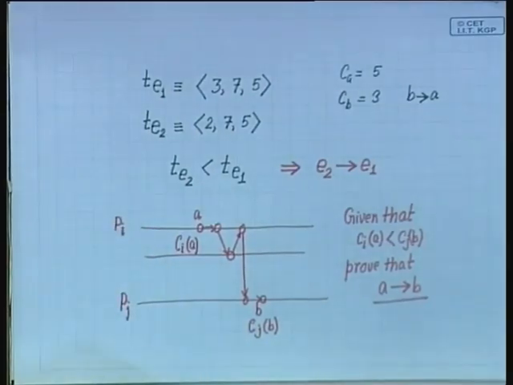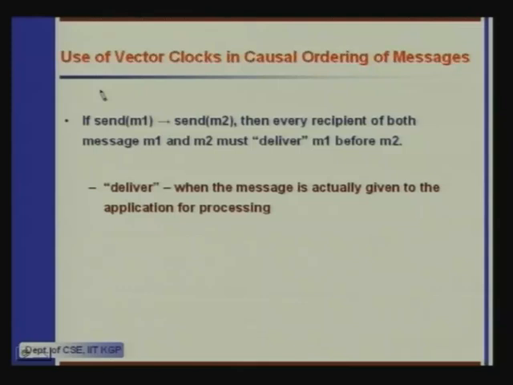What we are going to look at here is the use of vector clocks in causal ordering of messages. What we want is, if the send of M1 happened before the send of M2, then every recipient of both messages M1 and M2 must deliver M1 before M2.